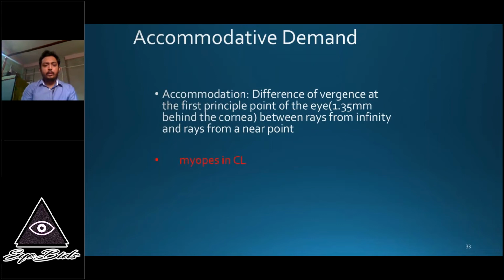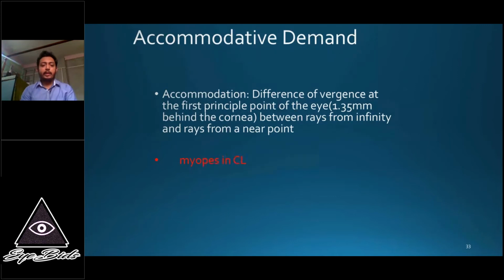All of you know about accommodation, so just a very small discussion: it is the difference between the vergence at the first principal point of the eye, that is 1.1 mm behind the cornea, between the rays from infinity and the rays at the near point.